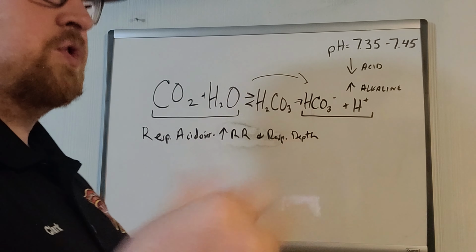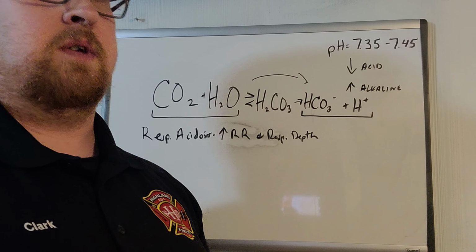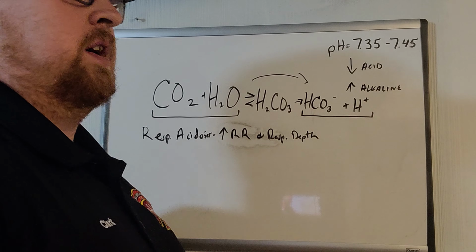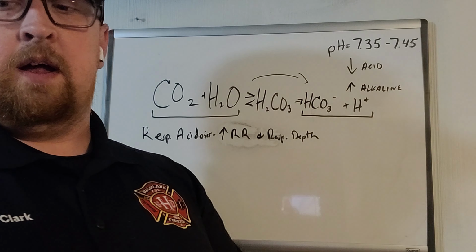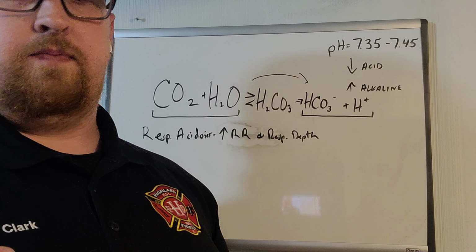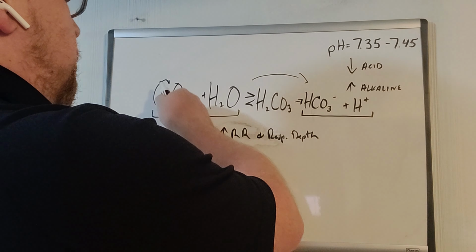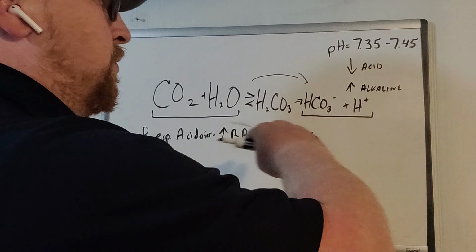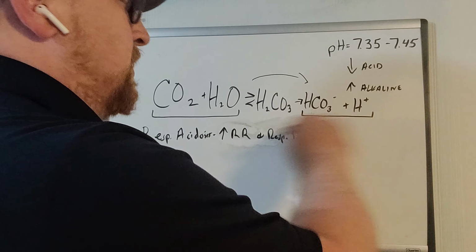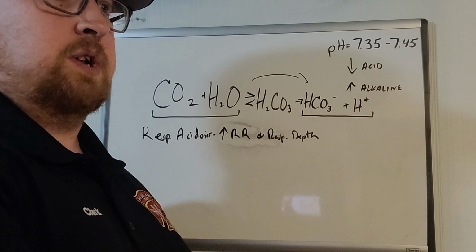Because if you're just going with a BVM, you're not doing them any favors. You need to help them adequately ventilate and get rid of that CO2, to bring your carbon dioxide level back down to equalize this equation to where you're no longer producing more hydrogen ions.